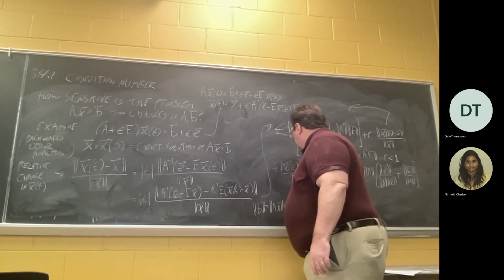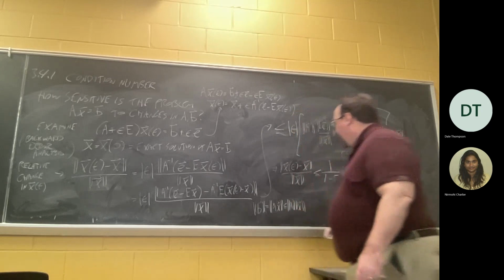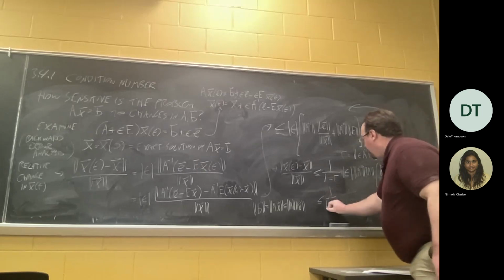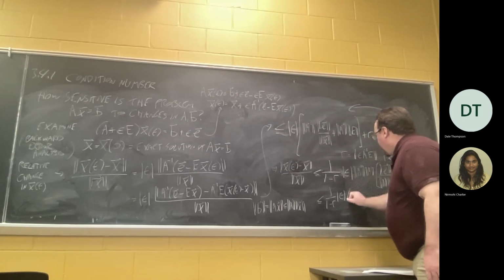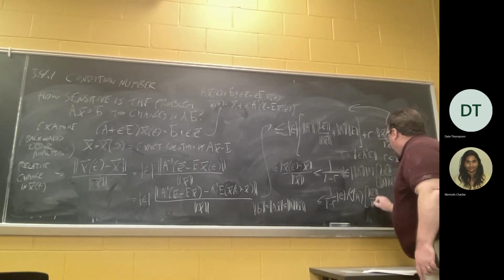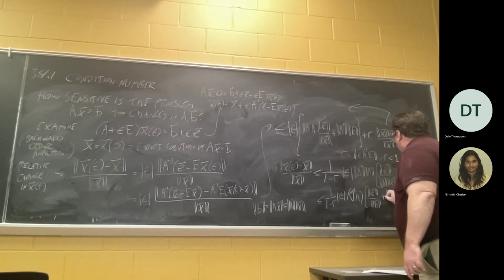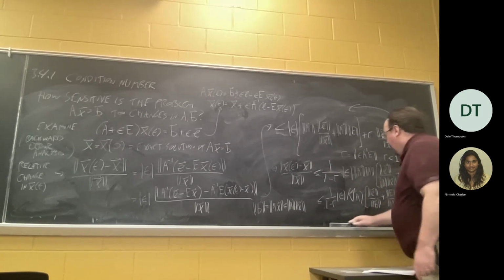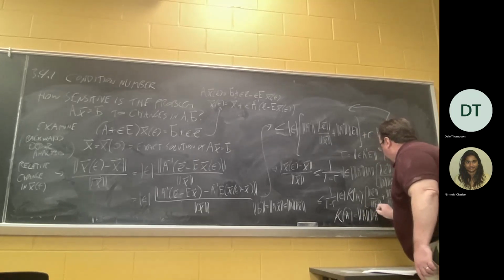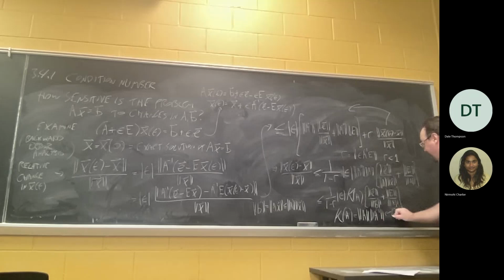This is less than or equal to norm of A, norm of X. Since norm of B is less than or equal to norm of A, norm of X, that means that 1 over norm of A, norm of X, what I have here, is less than or equal to 1 over the norm of B. So now I have this expression, 1 over 1 minus R, epsilon, kappa of A, which I'll define in a second, and then we have norm of little e over norm of B, plus norm of capital E over norm of A, where kappa of A is defined to be the norm of A times the norm of A inverse, and that is the condition number.